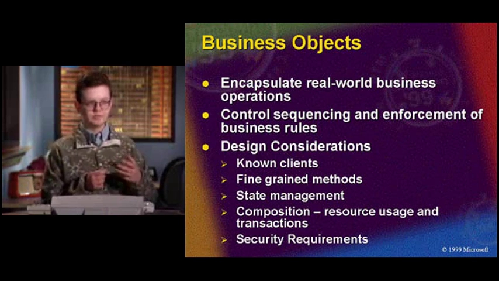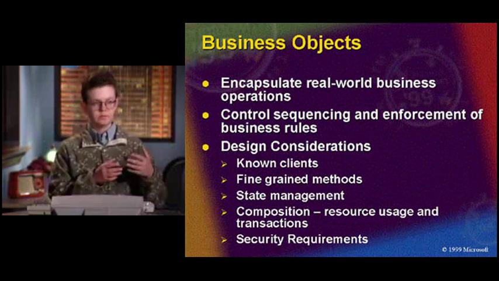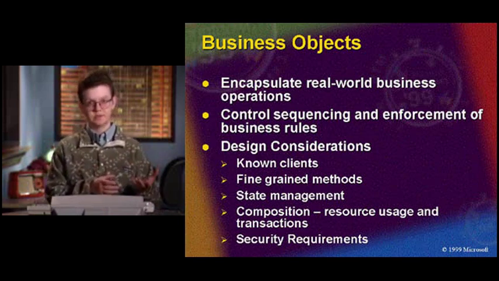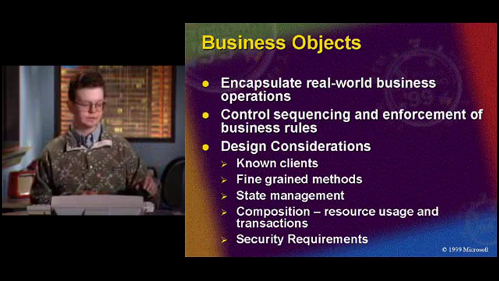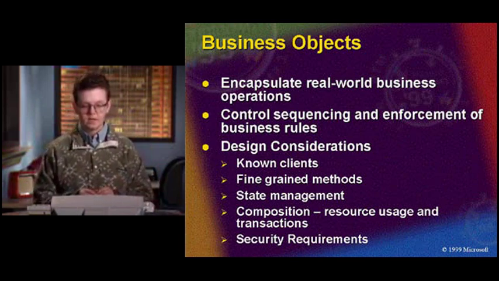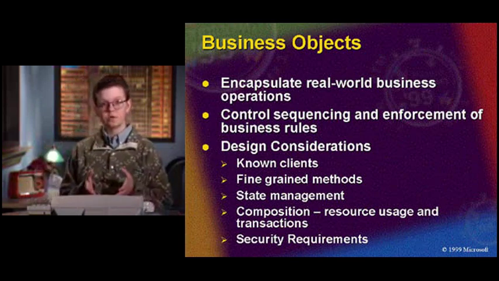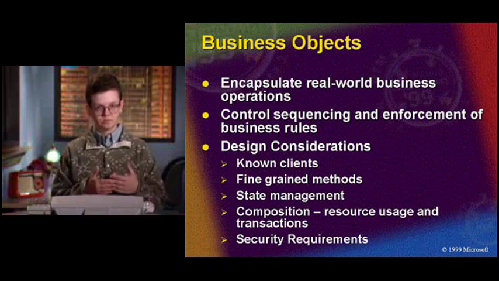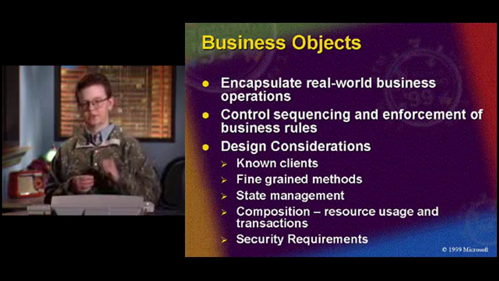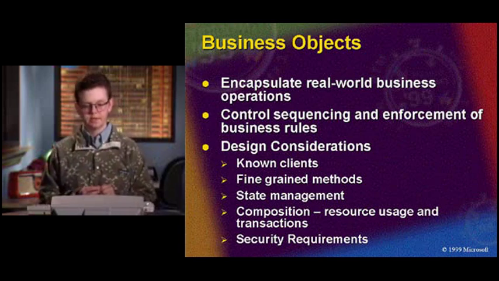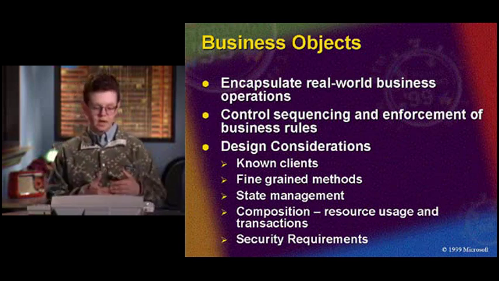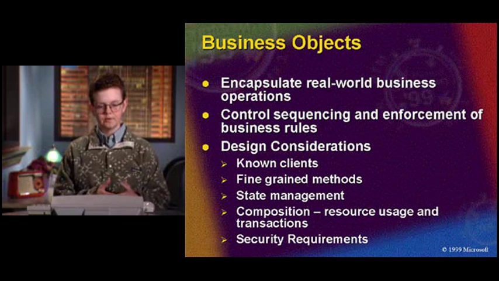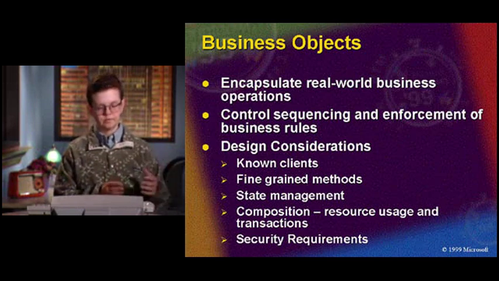You don't want a business rule to be located in multiple places, because when the rule changes, then it's very hard to update the system. You'll also see objects that are control objects. They basically enforce the sequencing of rules, and they make sure that other objects are called to apply specific rules. Very often those objects that control sequencing are the ones that will interact directly with the presentation layer.